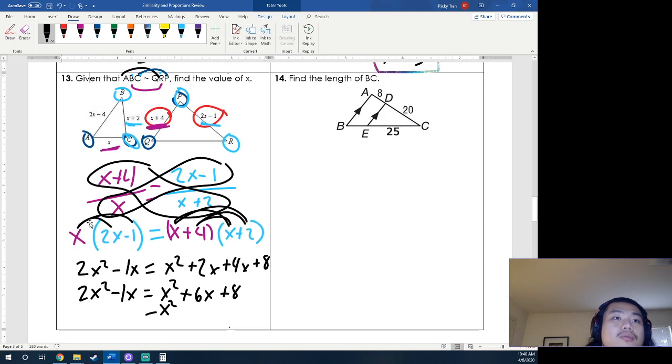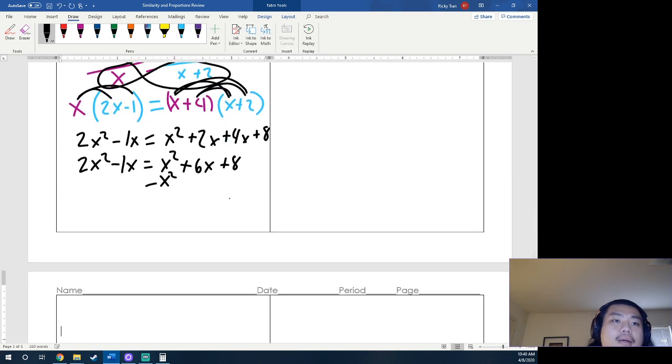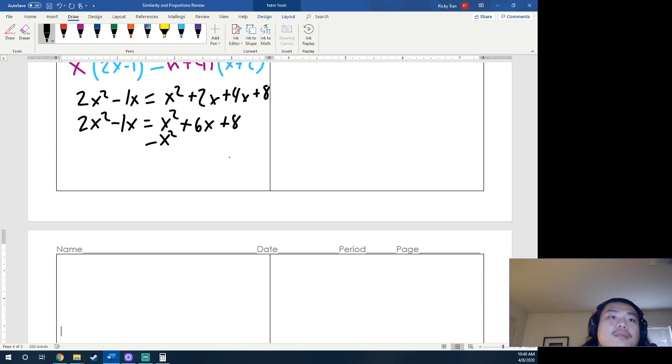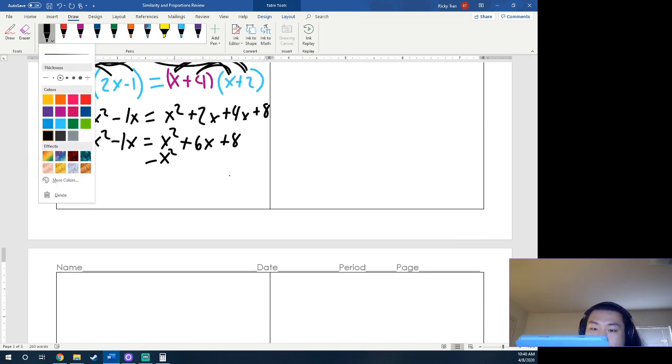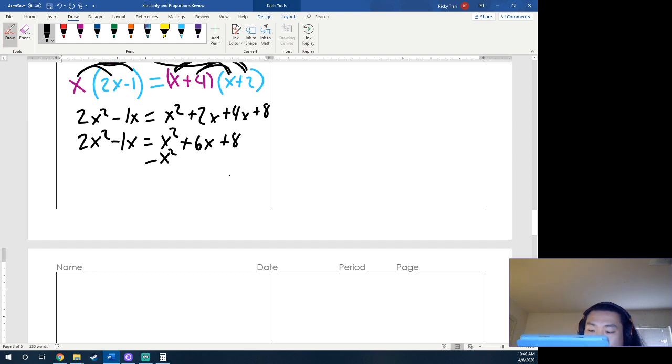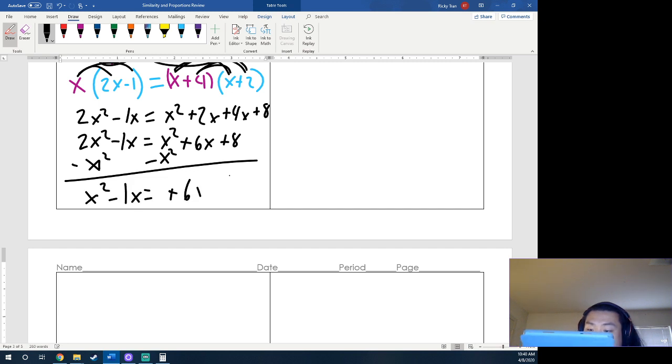This is a longer problem. I'm just going to keep continuing. All right, so we have minus x squared. You're just minusing that, so you just have x squared minus 1x is equal to plus 6x plus 8.